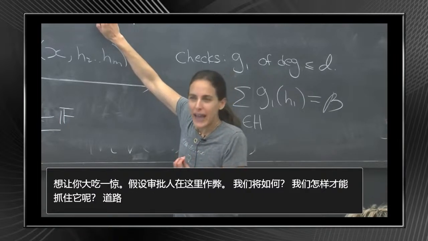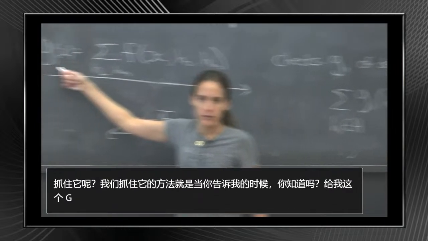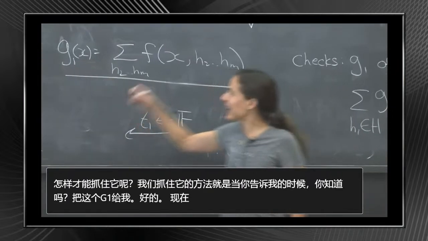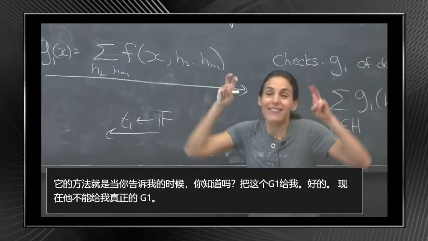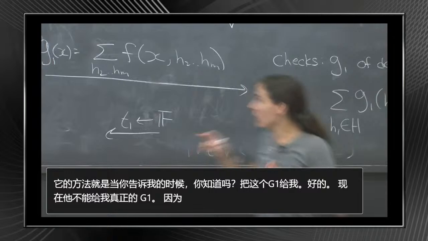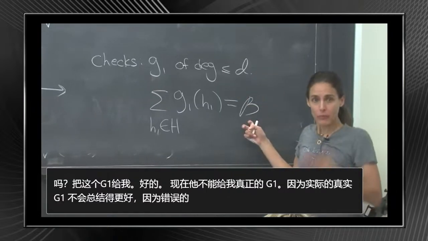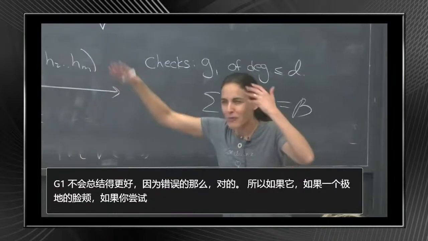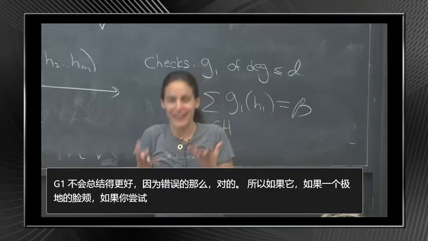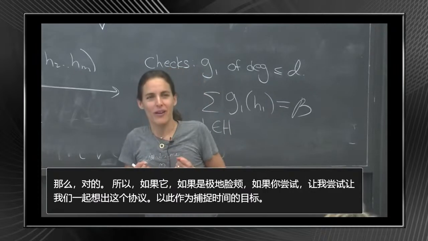The way we're going to catch him is we're going to tell him, you know what? Give me this G1. Now, he cannot give me the actual true G1, because the actual true G1 will not sum up to beta. Beta is the false thing. So let's come up with this protocol together, with the goal of trying to catch the prover.